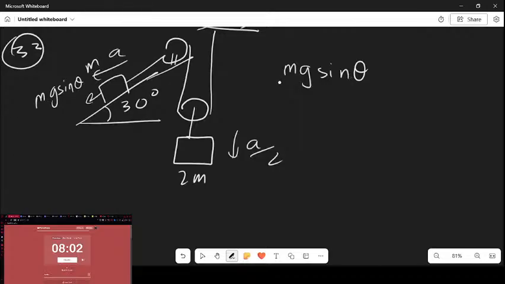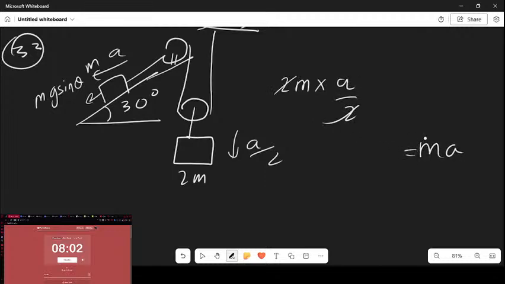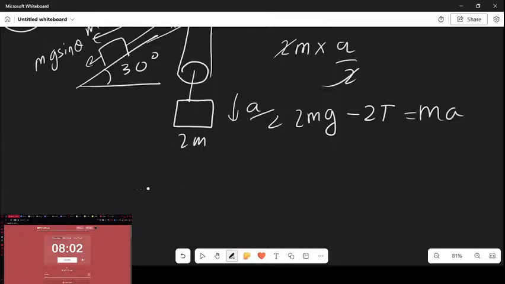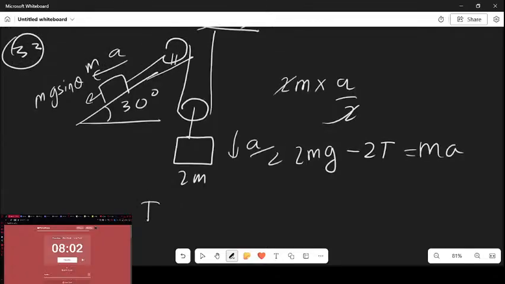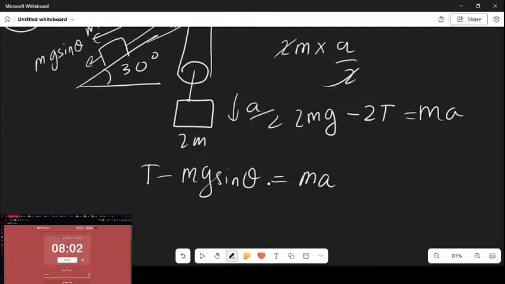For the 2m block, 2mg minus 2T, and here tension minus mg sin theta is equal to mass into acceleration.